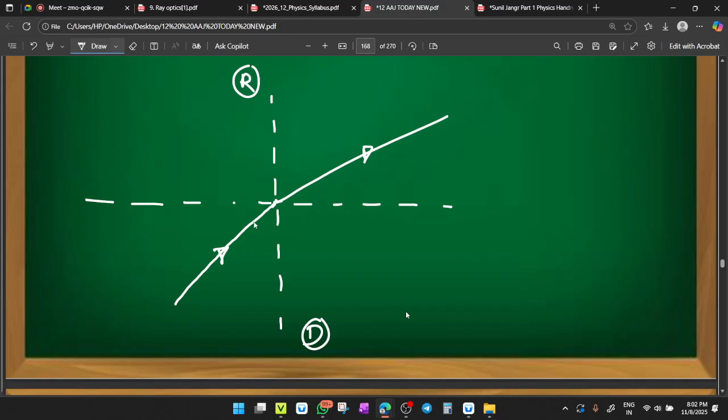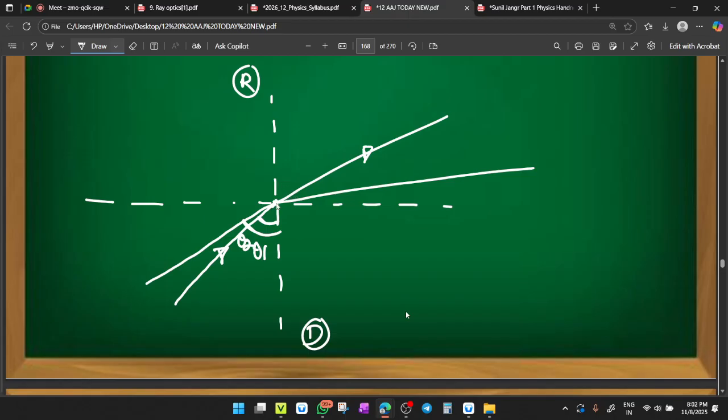Okay, clear? Now you increase the angle of incidence. Previously the angle of incidence was the smaller one, theta 1, and now the angle of incidence is the greater one, theta 2. If you increase the angle of incidence, the light ray goes more and more away from the normal.